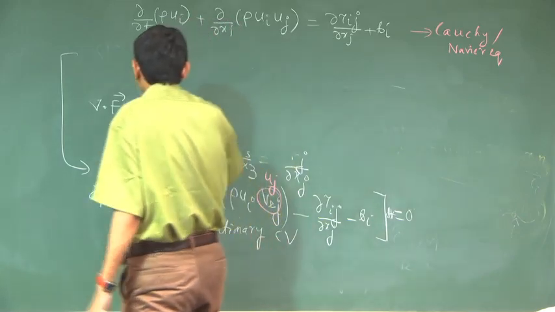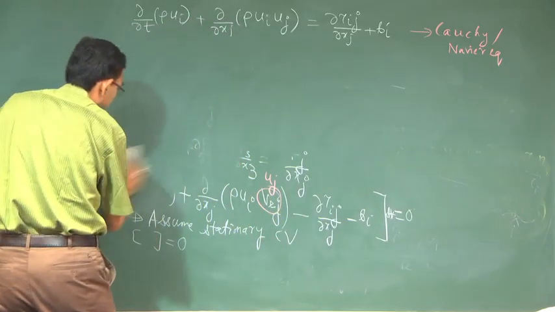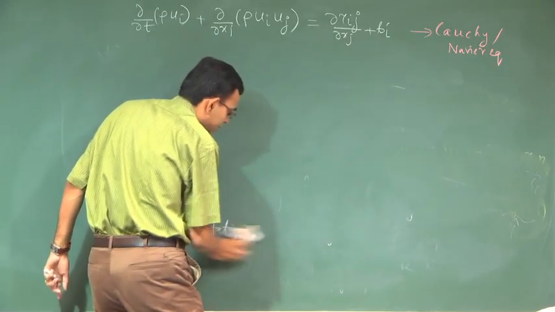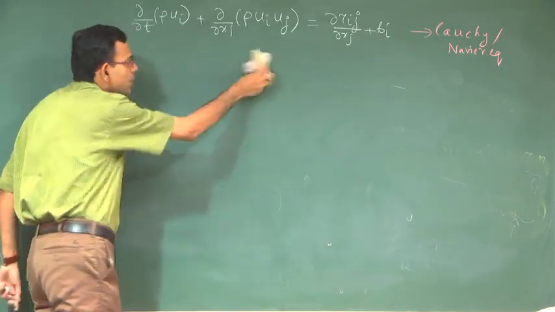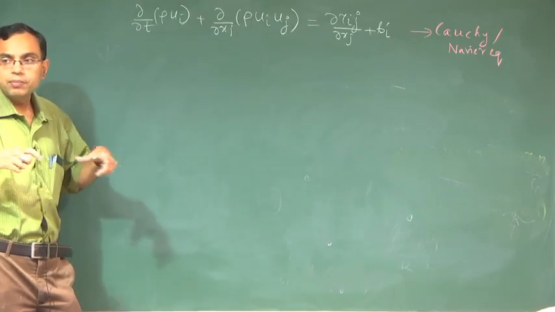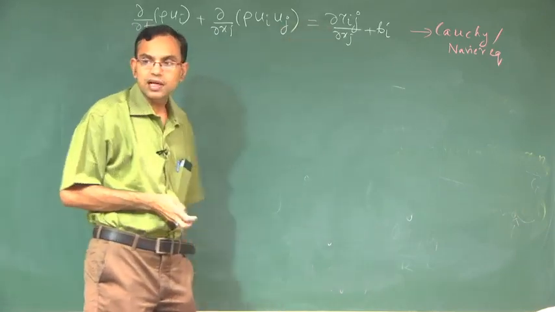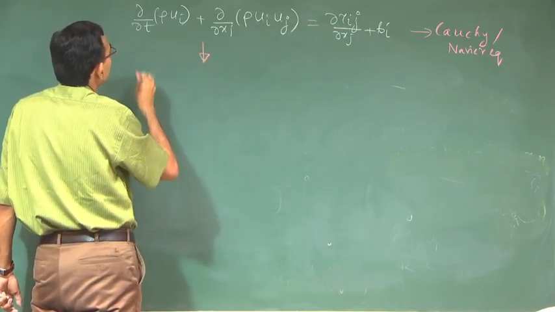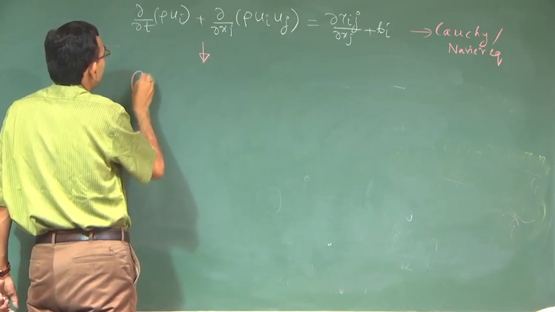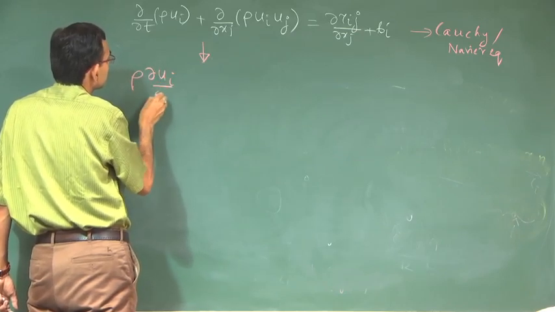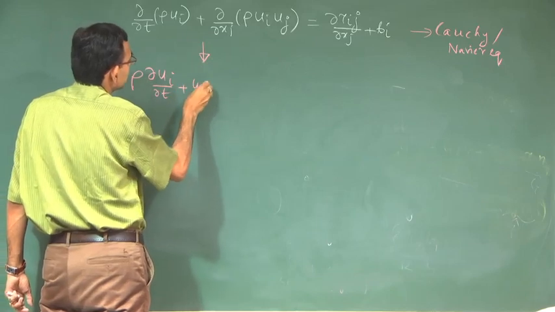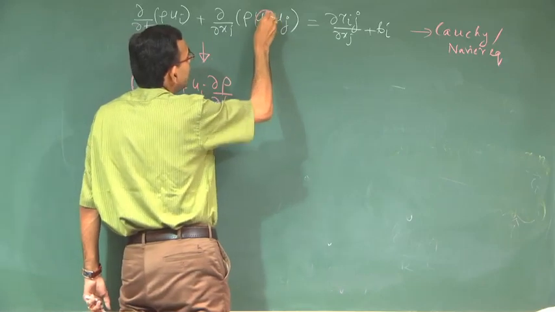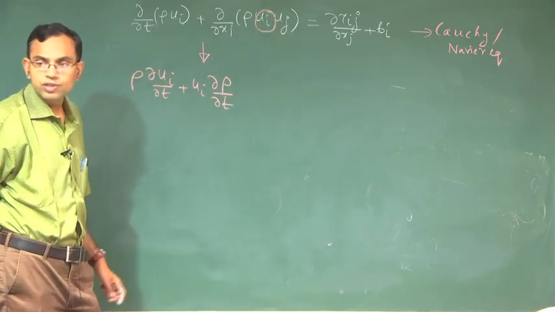Finally, we will make a little bit of simplification of the left hand side, because we want to show a meaning of this equation. You know, this looks like a differential equation with absolutely no perceptible meaning, except there are certain forces in the right hand side. So, we will simplify the left hand side a little bit. Here we use product rule with ui as one term and rho into uj as another term.